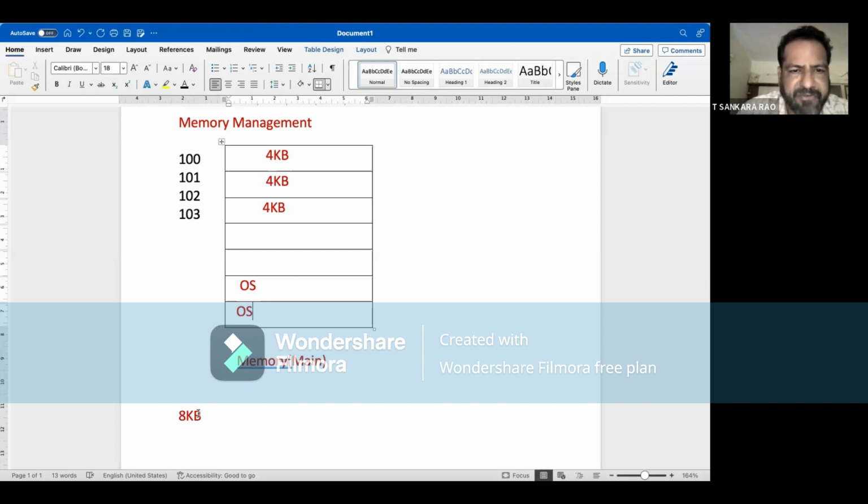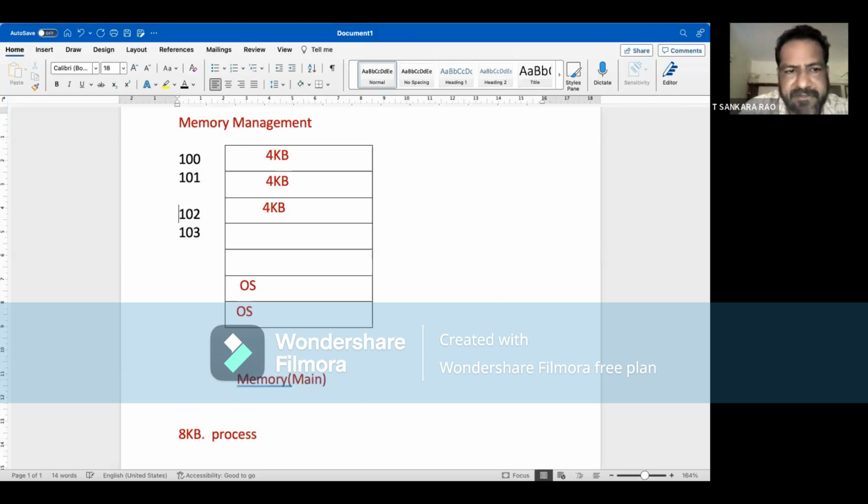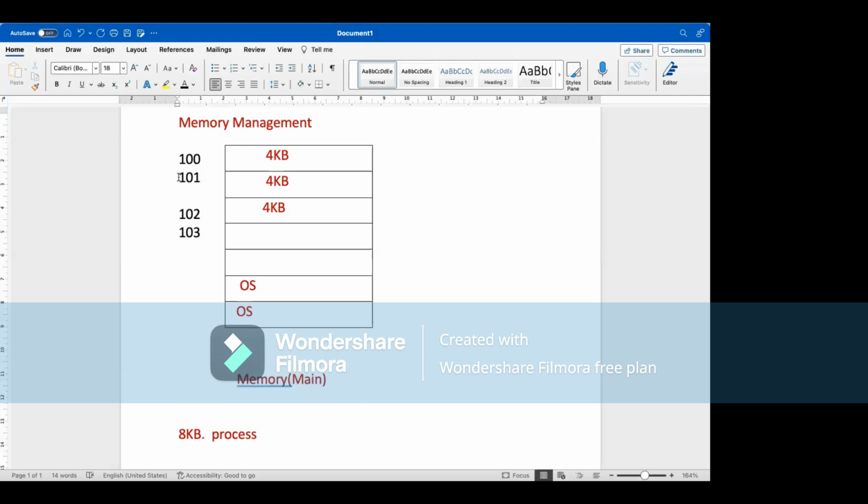Now I have a program of 8 KB. The OS stores that program into which locations? Tell me where it is stored. This is the initial snapshot. Obviously the 8 KB process is stored in location 100 as well as location 101.